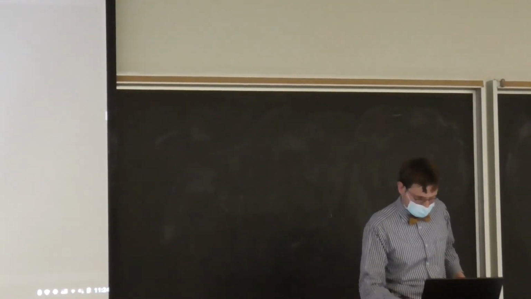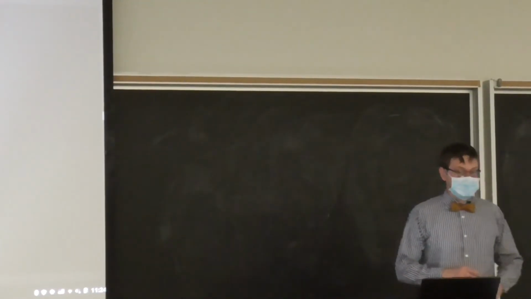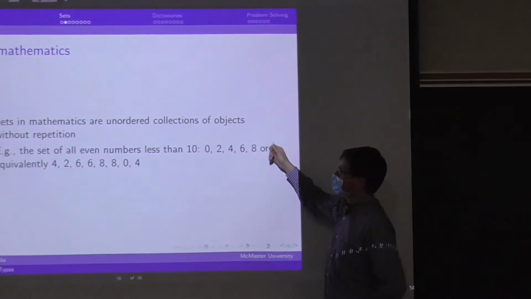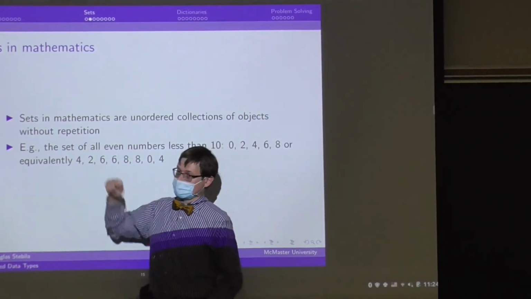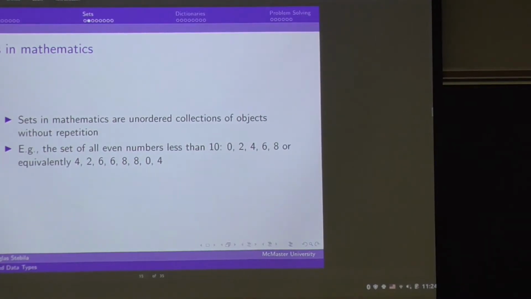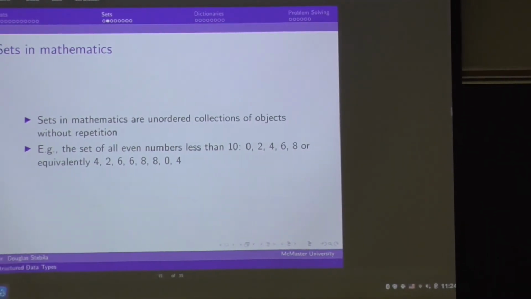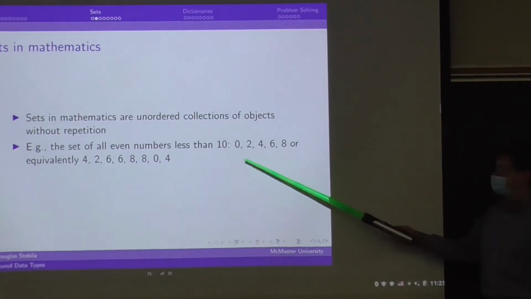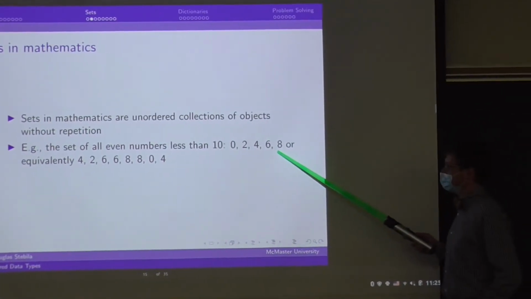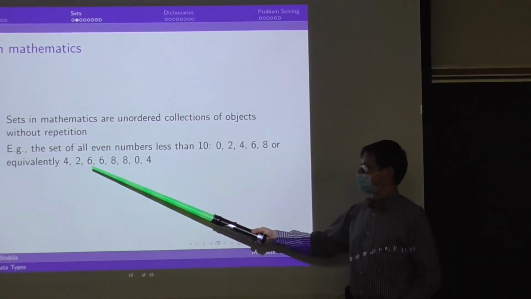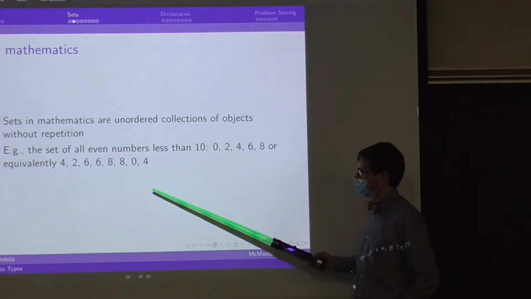So, in mathematics, sets are not only unordered collections of objects, but they are unordered collections of objects without repetition. For example, the set of all even numbers less than 10 is 0, 2, 4, 6, 8, or an equivalent set would be 4, 2, 6, 6, 8, 8, 0, 4.